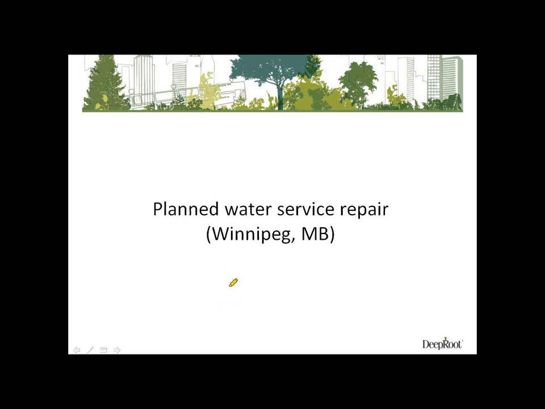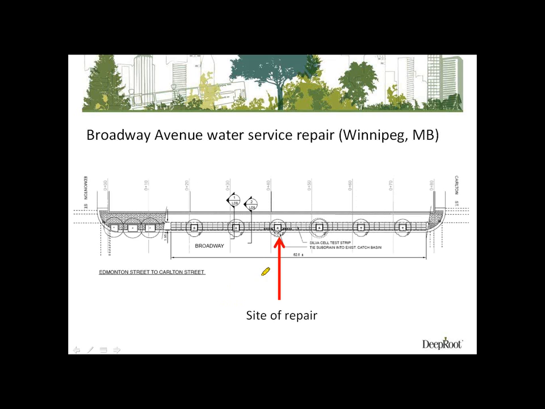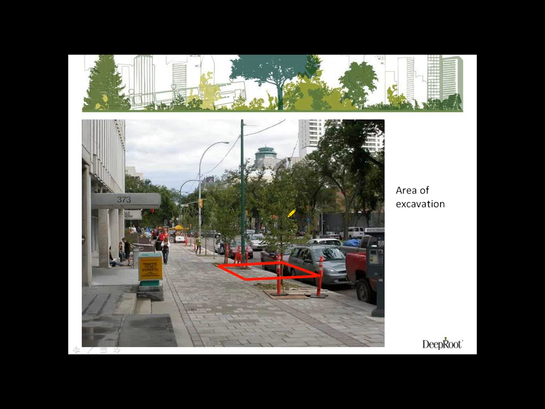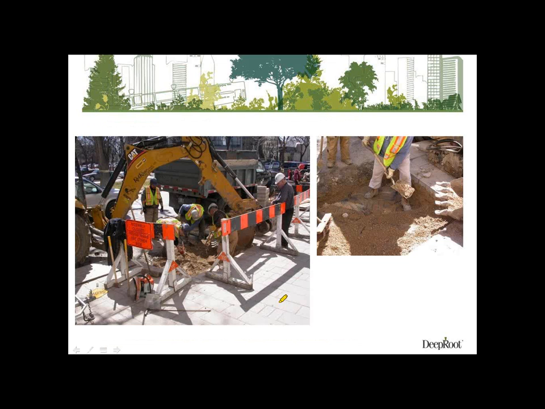Okay, this is the planned water service repair. See the water mains out in the street, out here. You can see where the Silva Cells are, and the new line to the fire suppression system had to run right through the Silva Cells. There's the area of excavation delineated by the red lines. See, they took off the pavement.